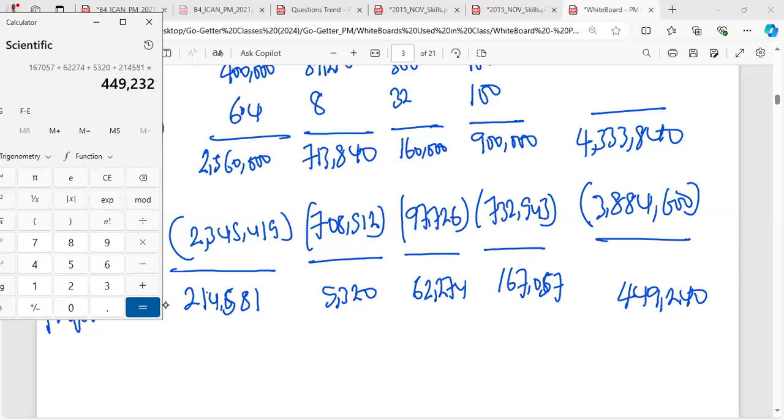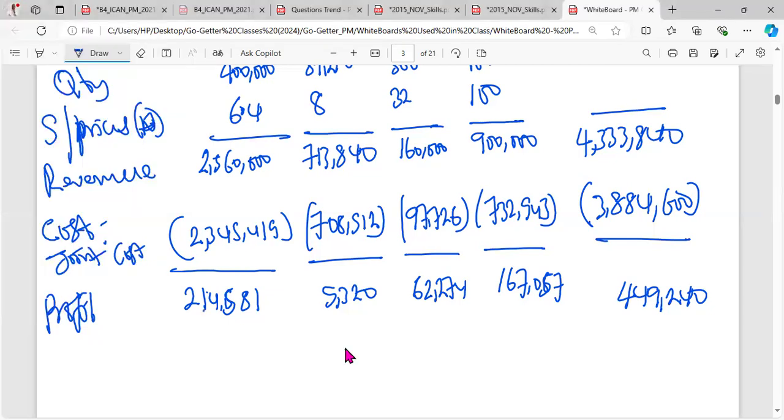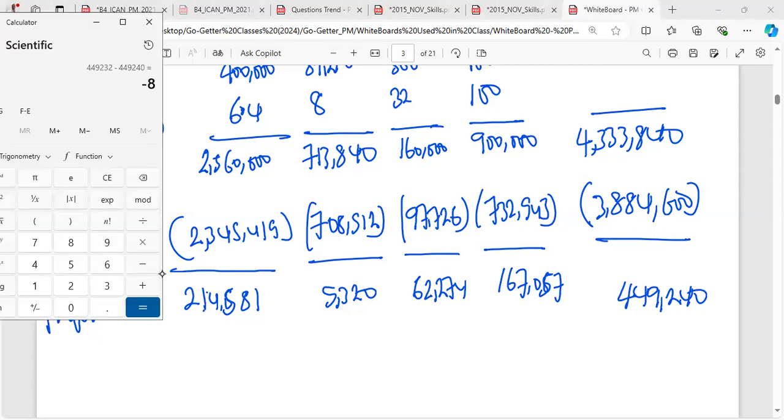There's something I've missed out here. What's the difference? Minus 449240. I've missed out 8. Okay, I know where this 8 is coming from. Let's redo this: 713,840 minus 708,512. Okay, this is the 8 here.